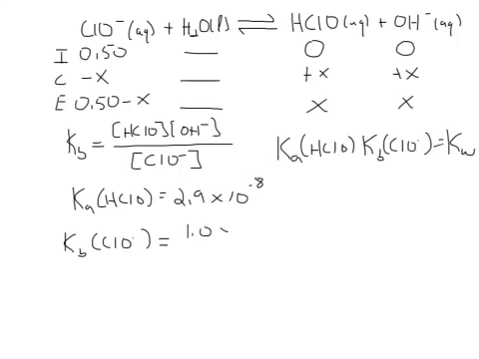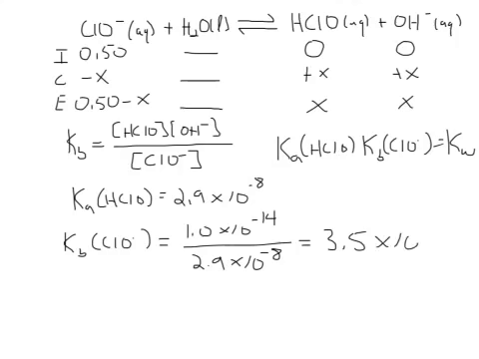So that's 1 times 10 to the minus 14 divided by 2.9 times 10 to the minus 8. And I get my Kb for ClO- is 3.5 times 10 to the minus 7. So in my equilibrium constant expression, I'll plug in this for Kb. I'll plug in my equilibrium row of my ice table, and I'll do that on the next slide.